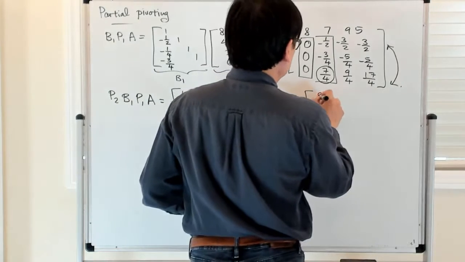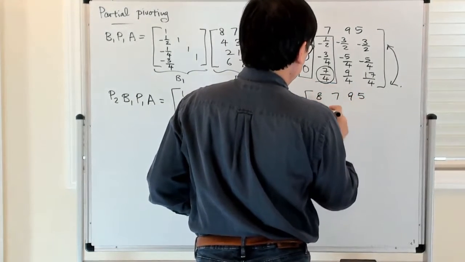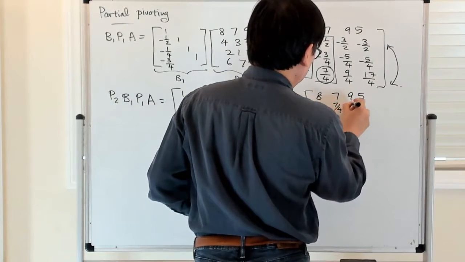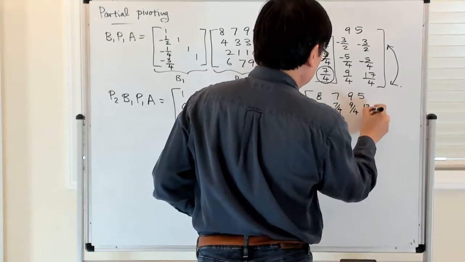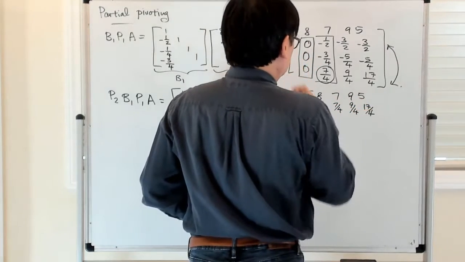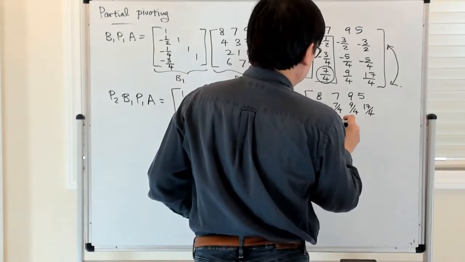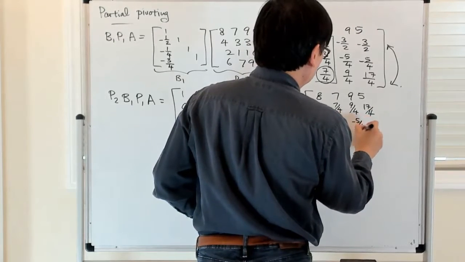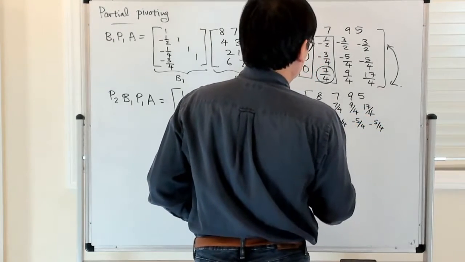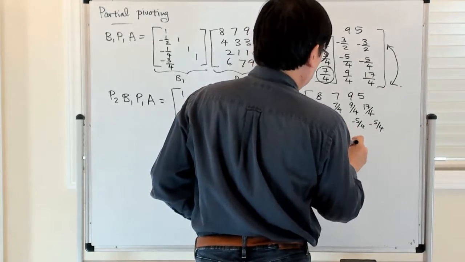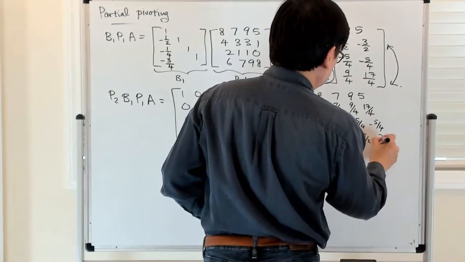Okay, so that's 8795, 0, 7/4, 9/4, 17/4. Okay, 0, minus 3/4, minus 5/4, minus 5/4, and 0, minus 1/2, minus 3/2, minus 3/2.